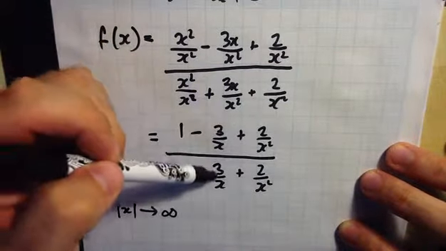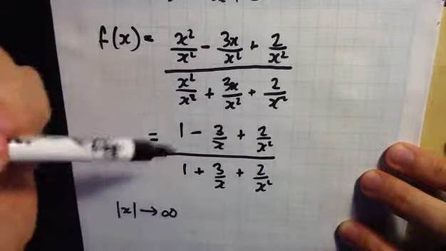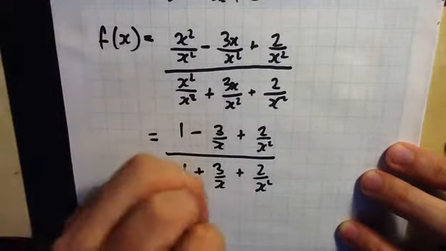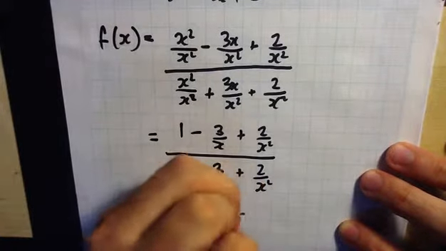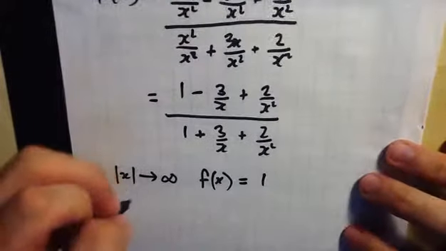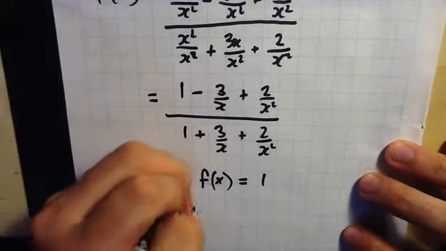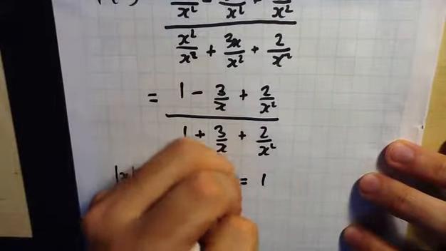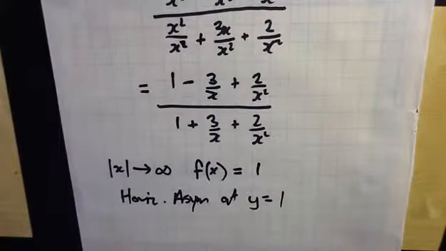So these pretty much become 0 as modulus x gets really big. So I'm really left with 1 over 1. As x approaches infinity, this function is equal to 1. Therefore I have a horizontal asymptote at y equals 1. That's how you get the horizontal asymptote.